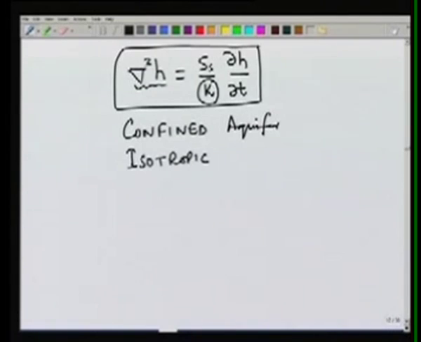The term del square can be expanded in Cartesian coordinates. It has a very simple form.